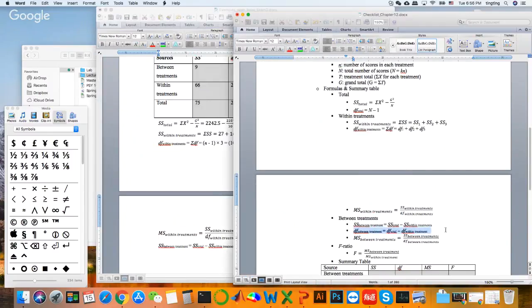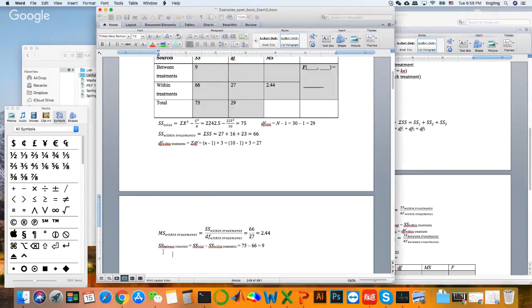And do the same thing for the DF, right? This number minus this number is 2. Put 2 here.